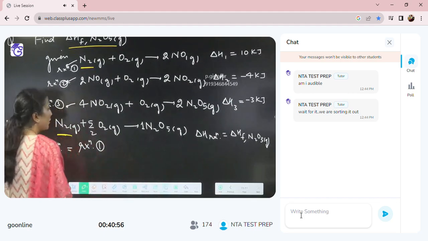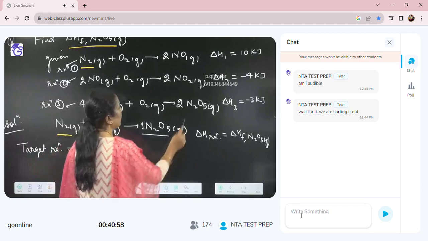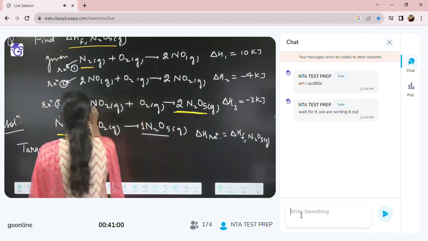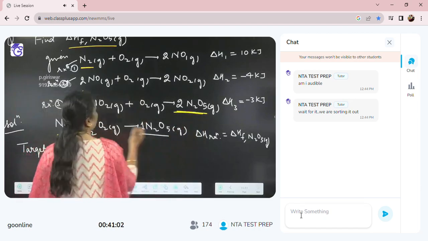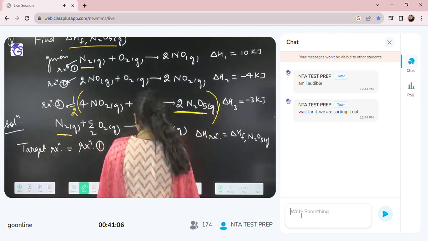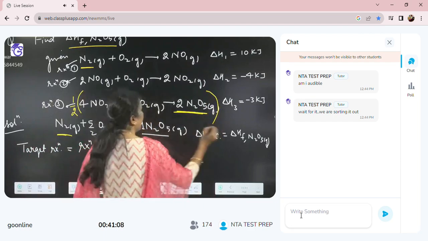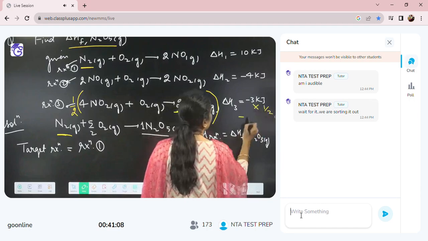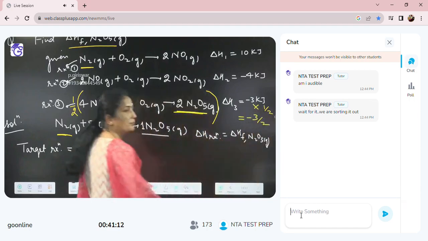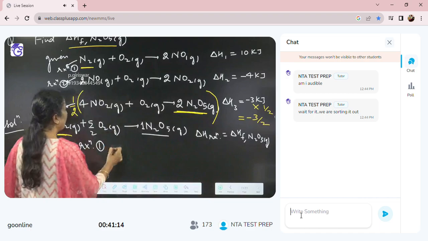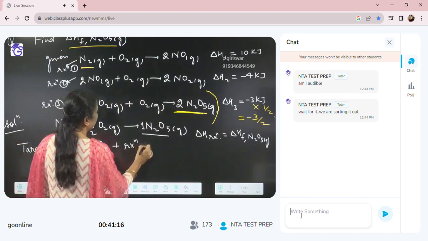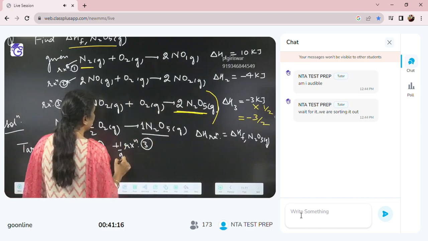Then you want basically 1 mole of N2O5, but you are having here 2 moles. So basically you multiply by half, right? So when I multiply by half, the same operation has to be done here also. So it will become minus 3/2. Okay, so I want reaction number 3, but half has to be multiplied.